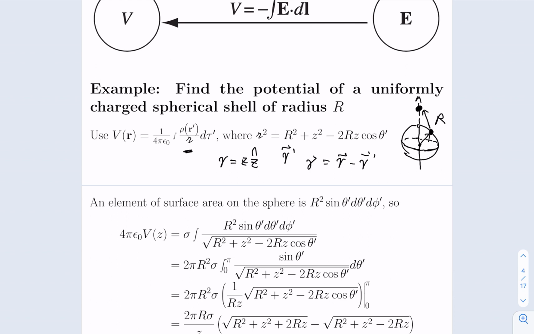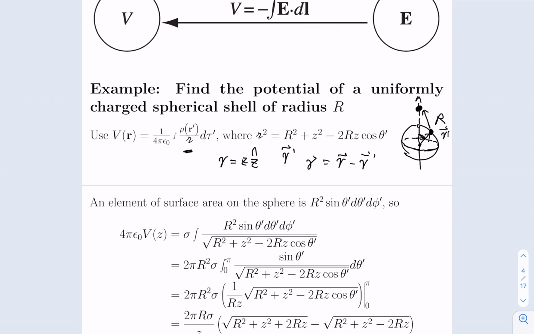If you invoke the law of cosines, that directly gives you r squared plus z squared minus 2rz cosine theta prime, where theta prime is the angle between this r prime vector and the z-axis over here.